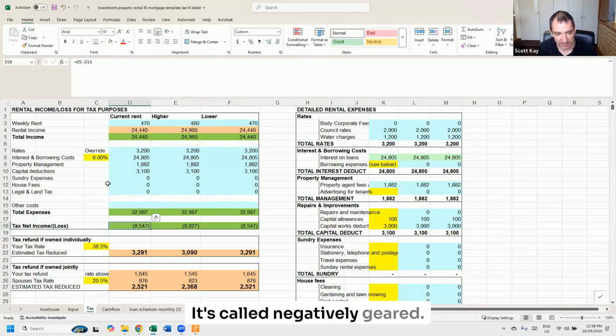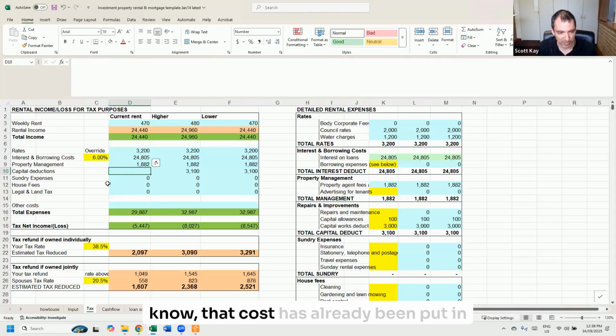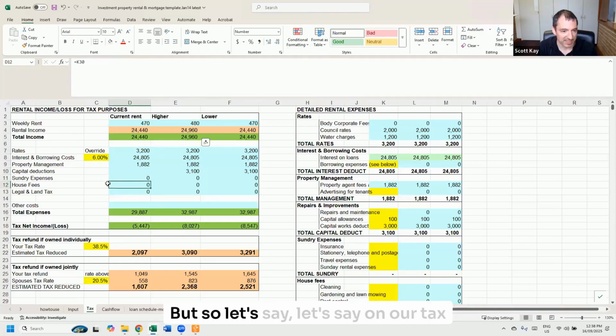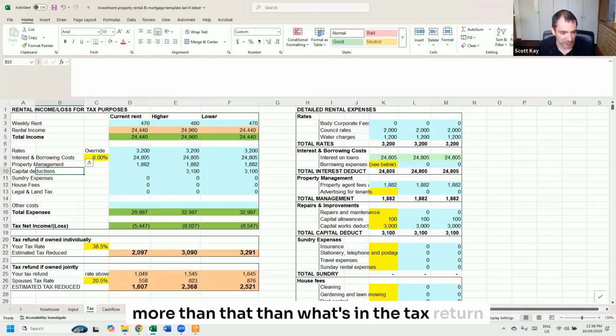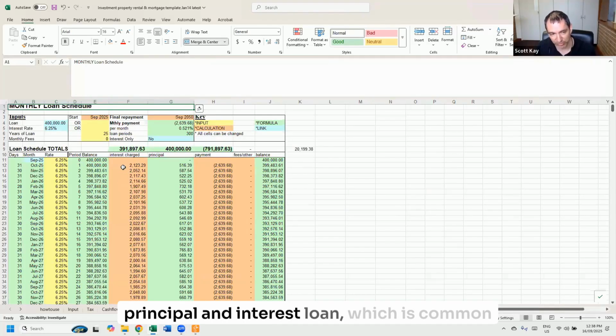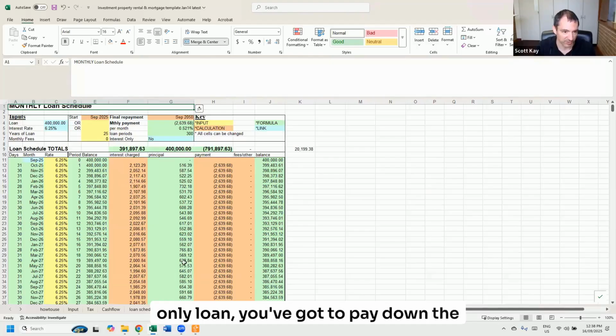It's called negatively geared. So this capital deduction is not a tax cost. That cost has already been put in there. But let's say on our tax return, we've got a loss of $8,000, and the cash we've got to pay is more than what's in the tax return, because if we've got a principal and interest loan, which is common unless you specifically ask for an interest only loan, you've got to pay down the principal as well.